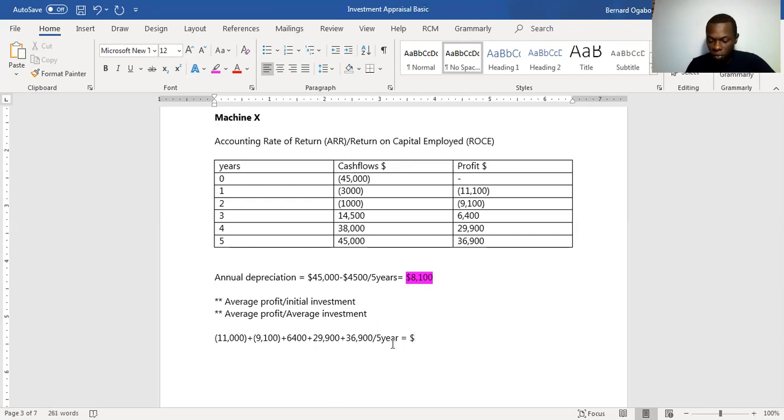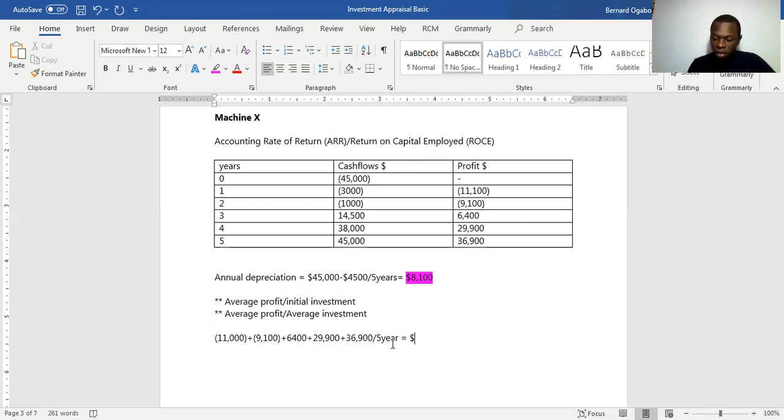Let me put it to calculator. Minus 11,100 plus minus 9,100 plus 6,400 plus 29,900 plus 36,900.